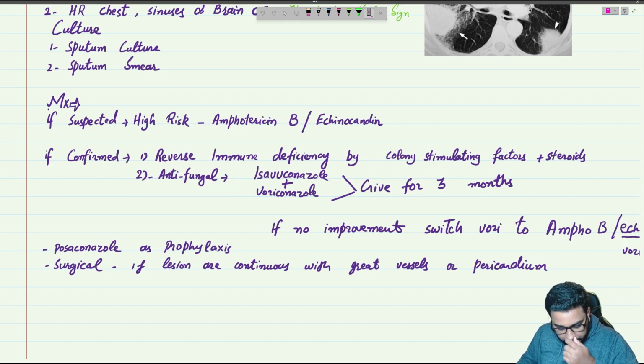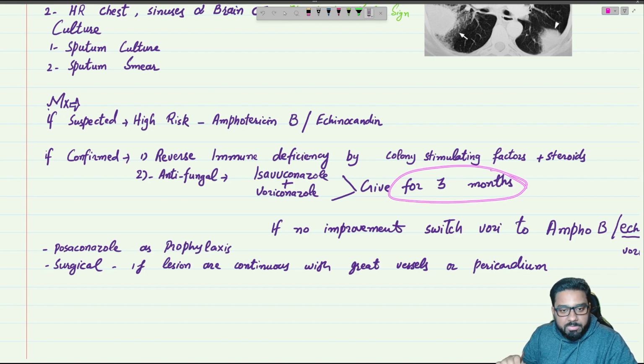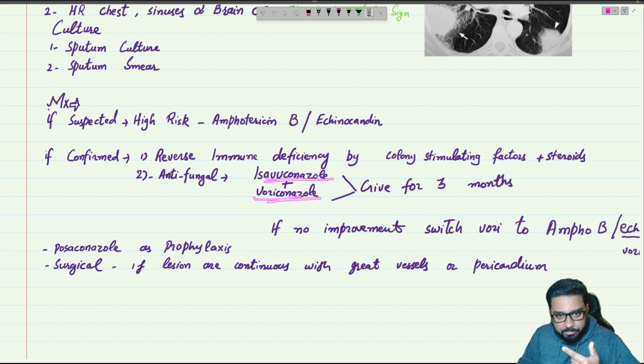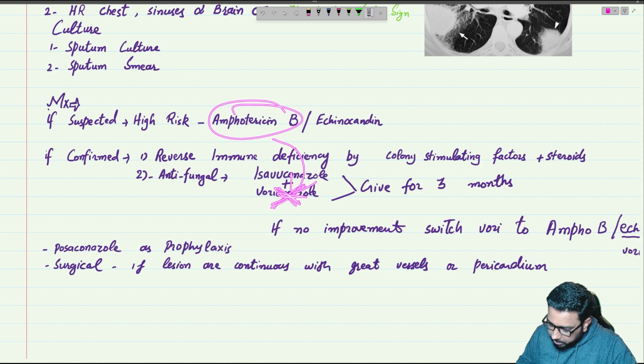Now, it is a bit tricky. Antifungal, we need to give isavuconazole plus voriconazole. So, this is the combination we usually give for 3 months. Isavuconazole and voriconazole, 3 months. If no improvement, we can switch voriconazole with amphotericin B. So after 3 months of this combination, if there is no improvement, we will change the combination with this plus this.